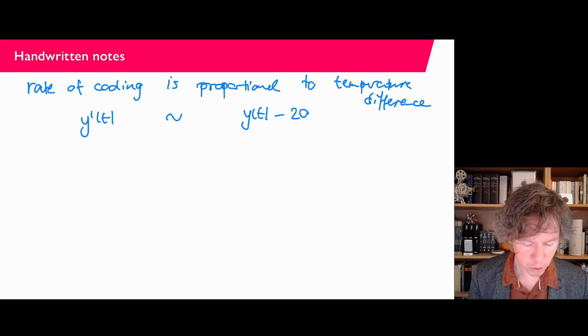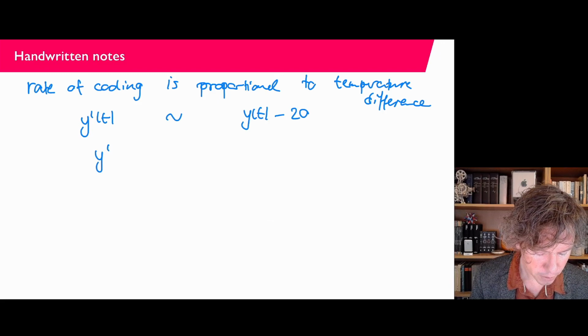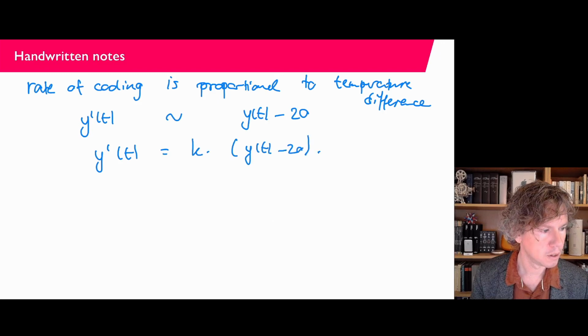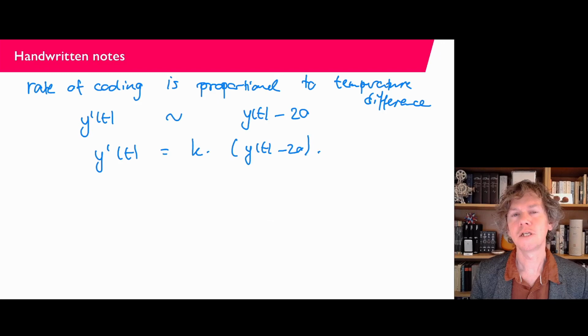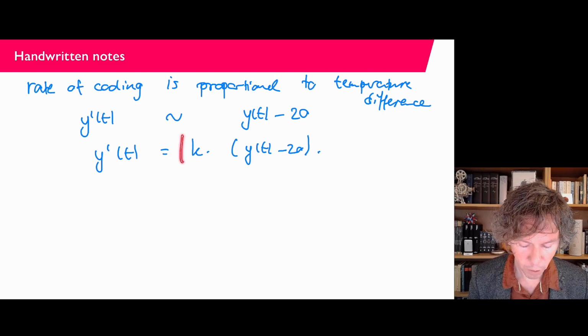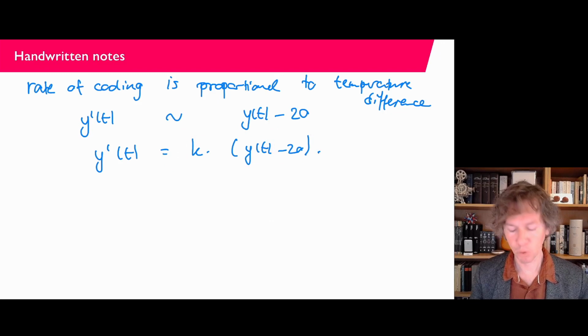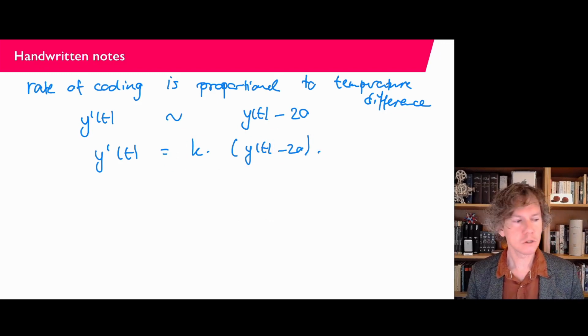So what that means is that y prime t is some constant times y(t) minus 20. You see that this is a little bit like the bacterial growth. For the bacterial growth we only had this part here, but now there is this extra minus 20 here. So it's a little bit more complicated, but it turns out that we can still solve this.